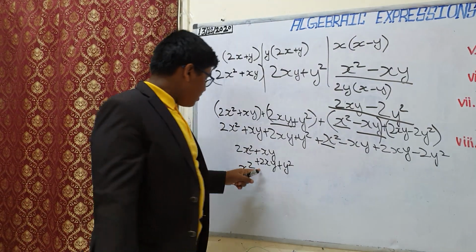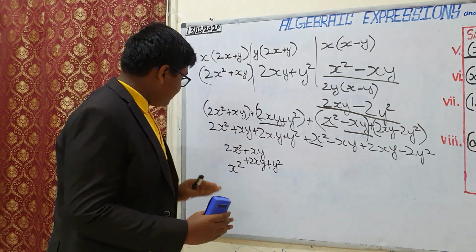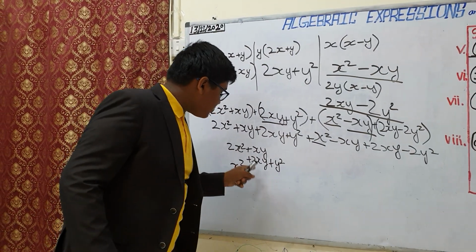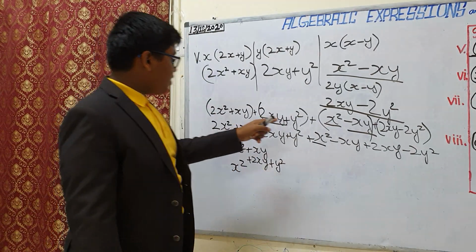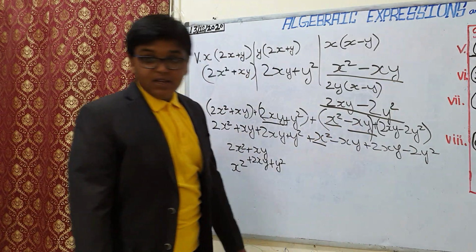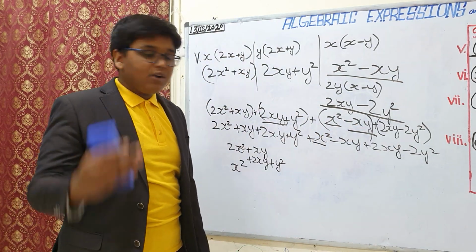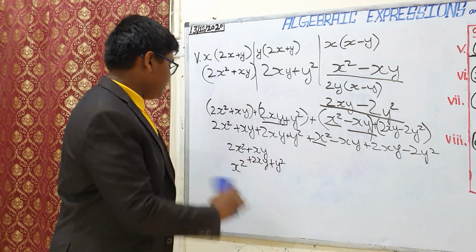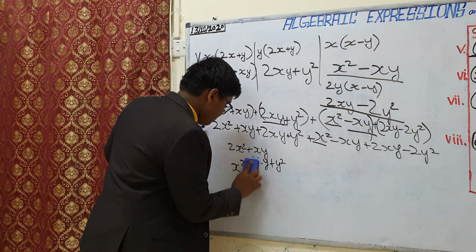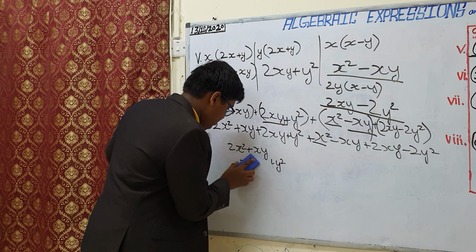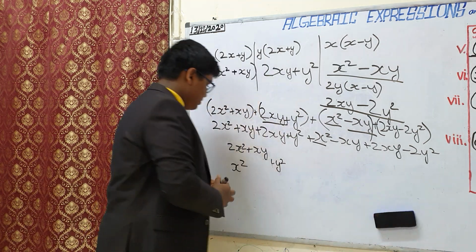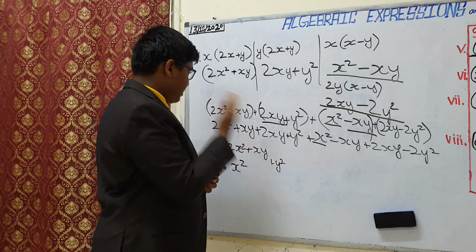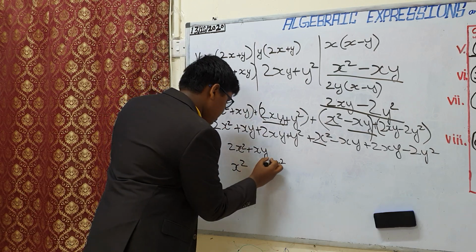Okay, now here we have to make a different column for plus 2xy, because here we have a similar xy, so we do not need to write plus 2xy in the same column. We can write it in a different column also. So we can erase this and make 2xy in another column. This was plus.